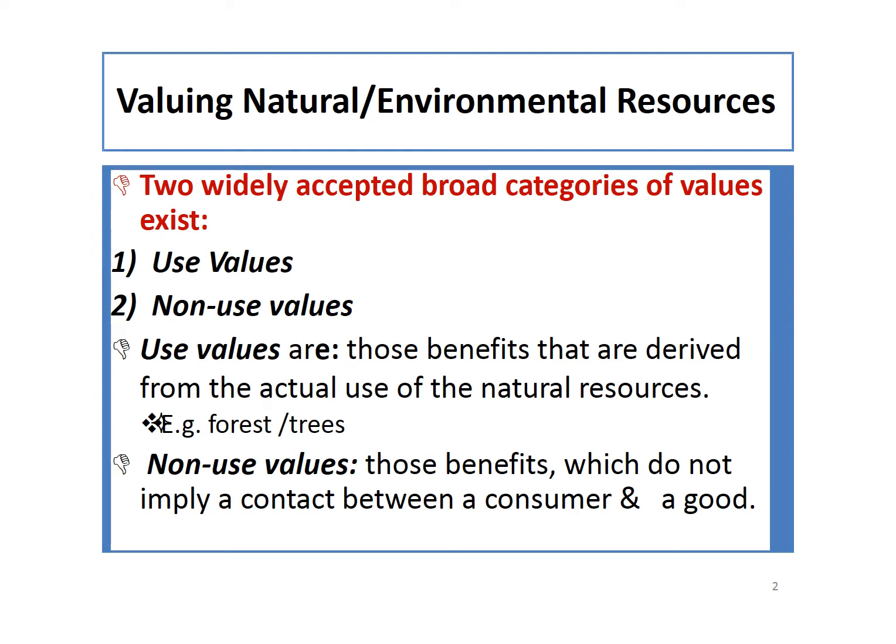For example, what are the uses that you derive from trees and forests? While the non-use values take into account those benefits which do not imply a contact between a consumer and a good. So we will look into details of this in the next slides.